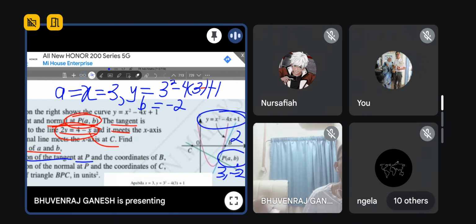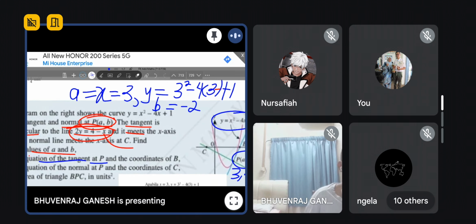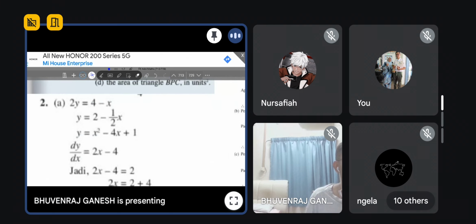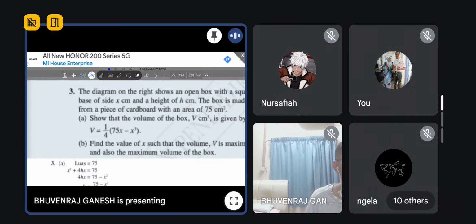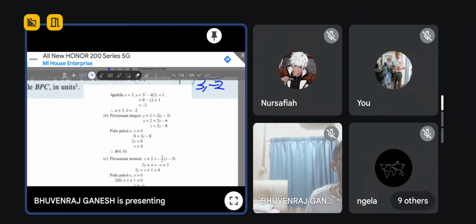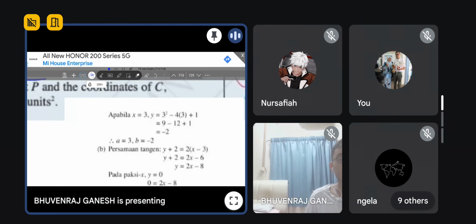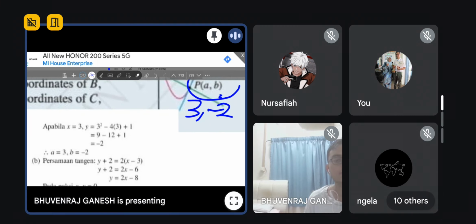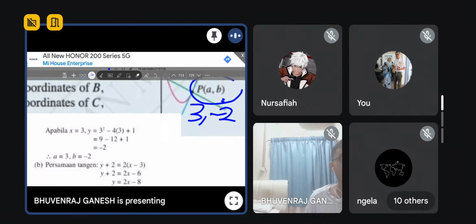So you can form your equation of tangent. Bentukan persamaan tangent kamu. Okay, so this one is the same step. So you can see over here. Okay, this one. This is your tangent. Y minus y1 equal to m(x minus x1). Okay, so this is your tangent.